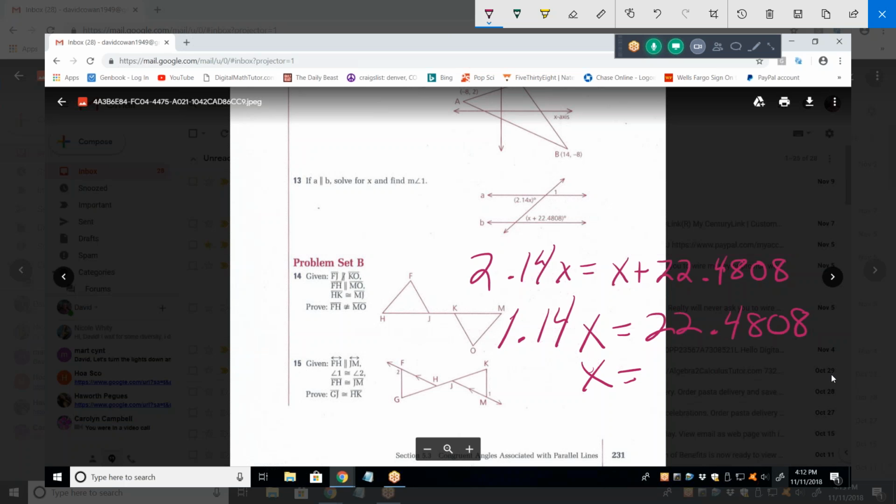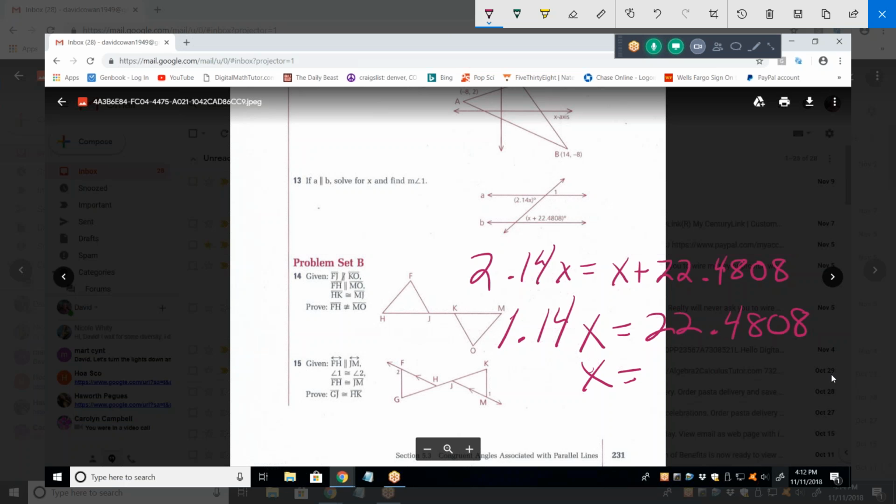Here, let me do it fully. 22.4808 divided by 1.14. No, 19.7. Did you forget the 2.14? Well, it's only 1.14.